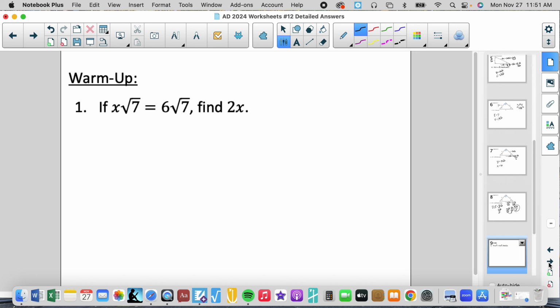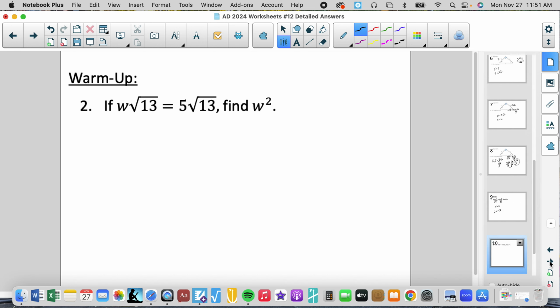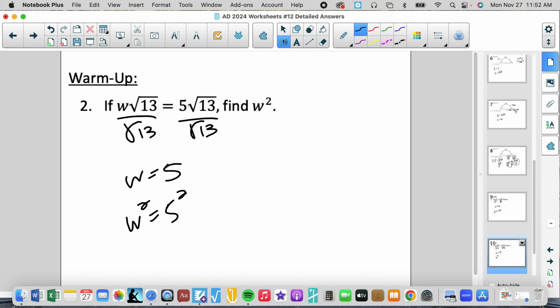Find 2x. Okay, so let's divide by rad 7. X equals 6. These will cancel. And 2x is going to equal 12. That's kind of easy. Let's divide by rad 13. We get w equals 5, and w squared would equal 5 squared, or 25.